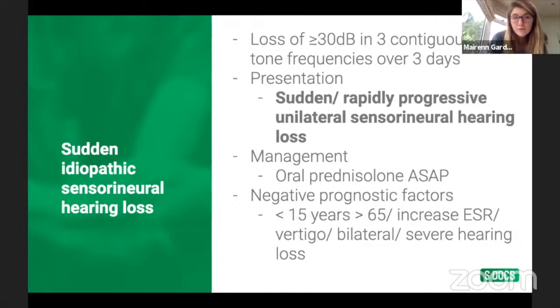To diagnose sudden idiopathic sensorineural hearing loss, they need to have a loss of more or equal to 30 decibels in 3 contiguous pure tone frequencies, so in your audiograms, over 3 days. These patients will present with sudden or rapidly progressive unilateral sensorineural hearing loss.